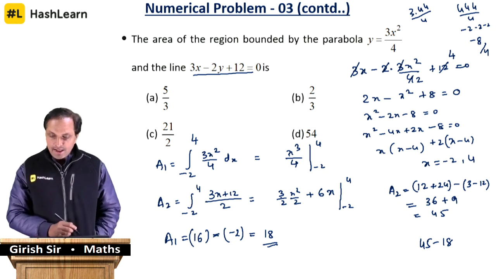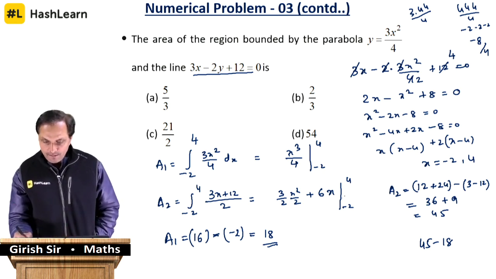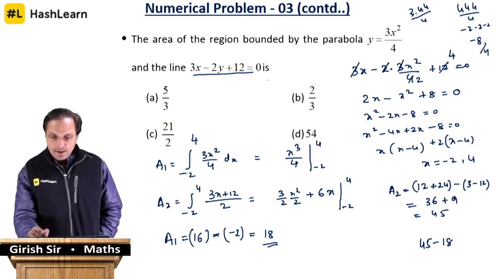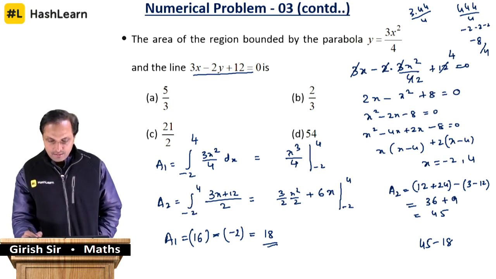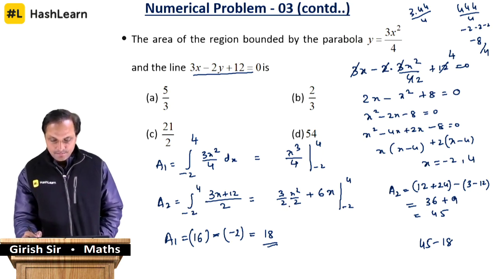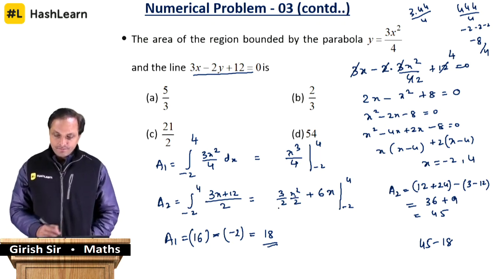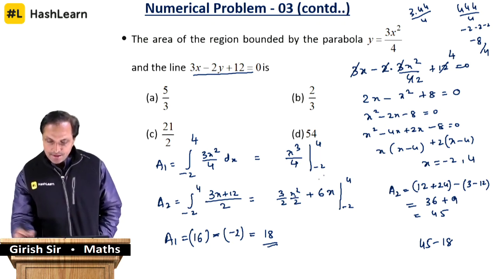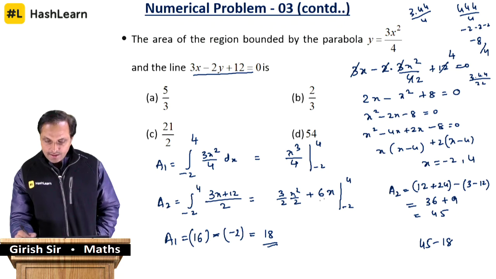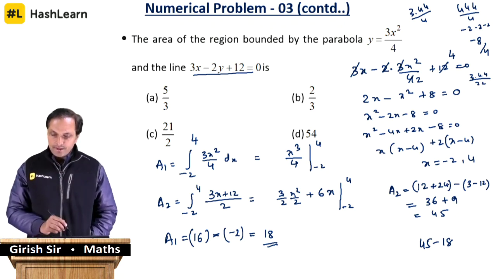And let me take area 2. When I take area 2, this will give you 3x, 3 by 2, that is correct. x is x square by 2, that is also correct. So when you take this as 3 into 4 into 4 by 2 into 2, 4 3s are 12, that is also correct. 6 4s are 24, that is also correct.